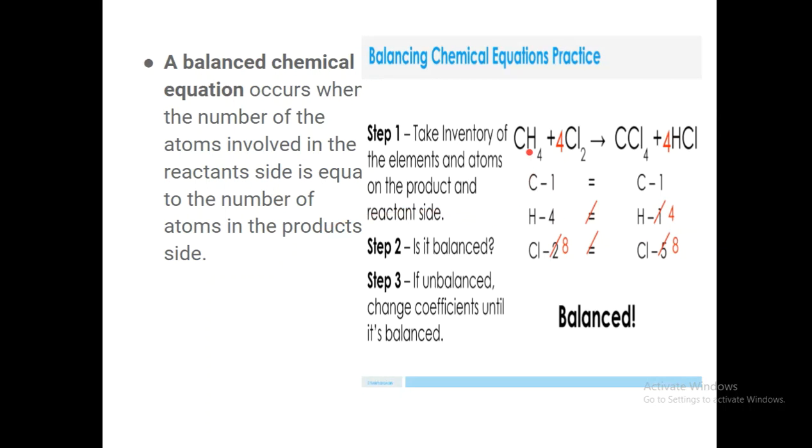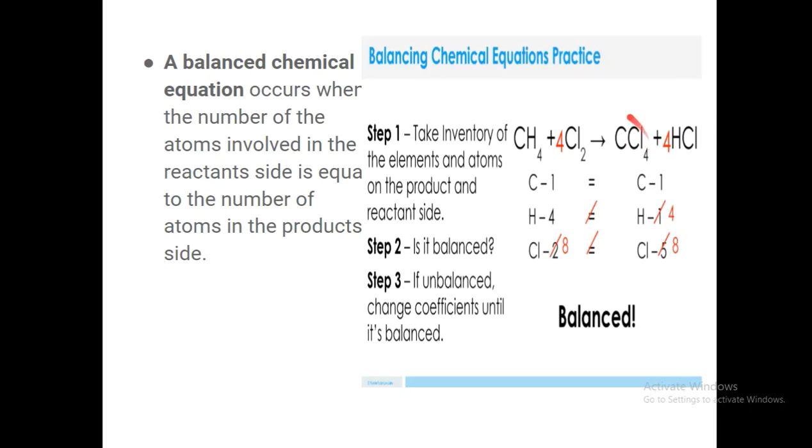For example, as you can see here, CH4 plus 4Cl2 gives CCl4 plus 4HCl, that is hydrochloric acid. So this particular chemical reaction is balanced. CH4, that is methane, has 4 hydrogen atoms and 1 carbon, whereas there are 4 chlorine atoms. The 1 carbon remains as it is, and chlorine 4 is here, but the 4 hydrogens are still remaining.